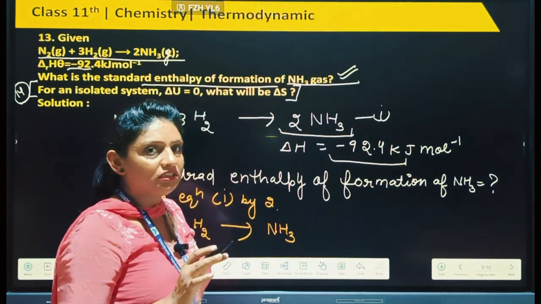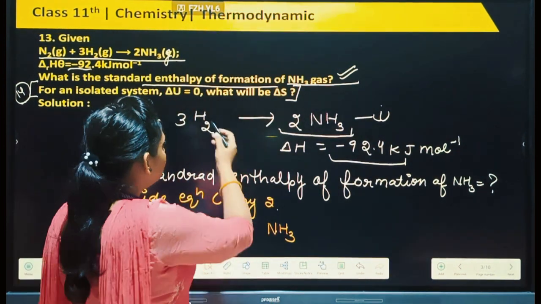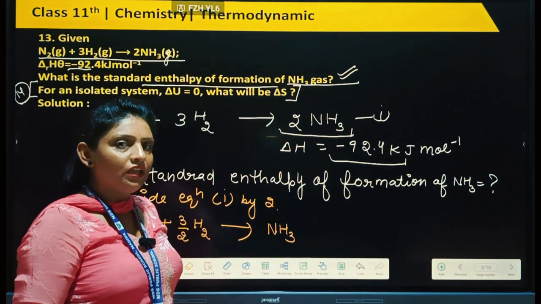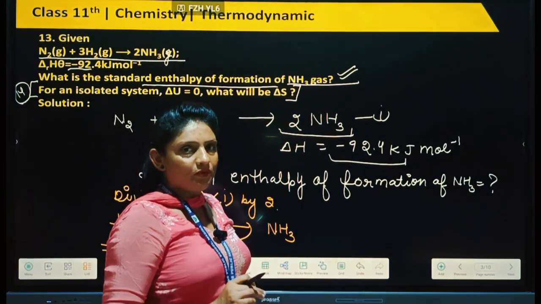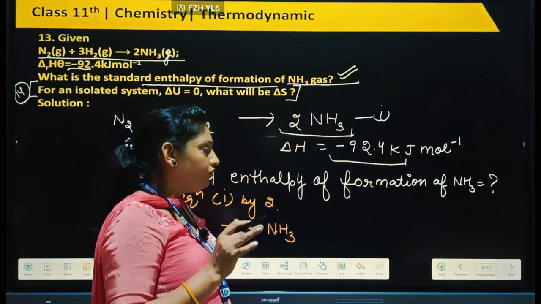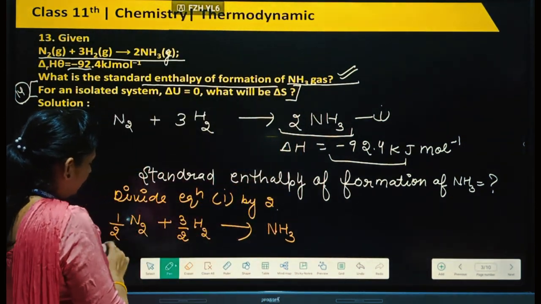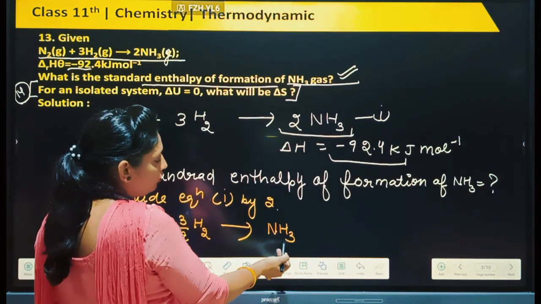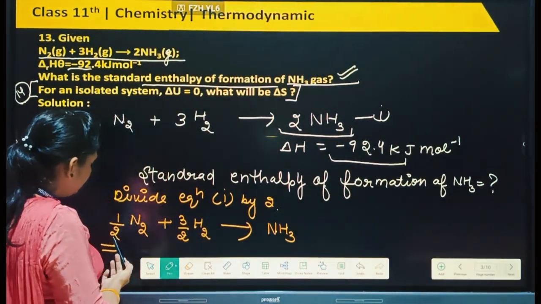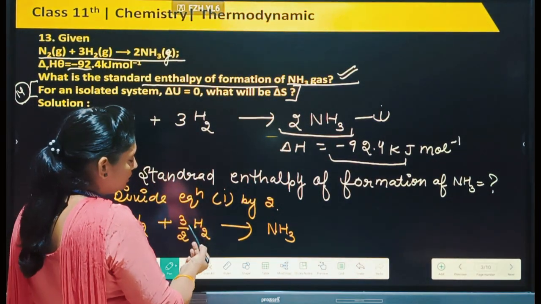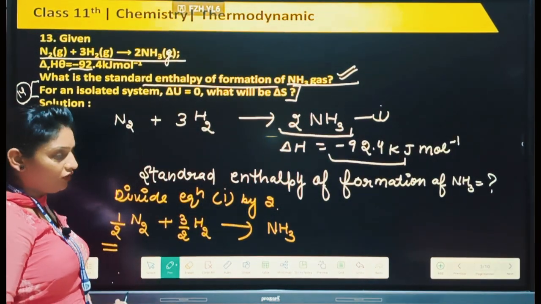But we need the calculation for standard enthalpy of formation. For standard enthalpy, we will calculate the enthalpy change only for 1 mole. So we get 1 mole of ammonia when we combine half mole of nitrogen gas and 3 by 2 mole of hydrogen gas.